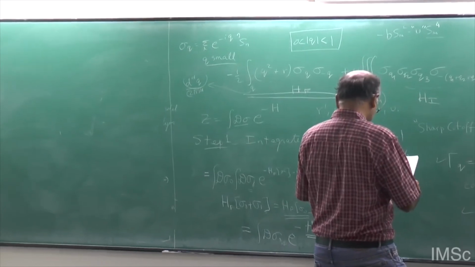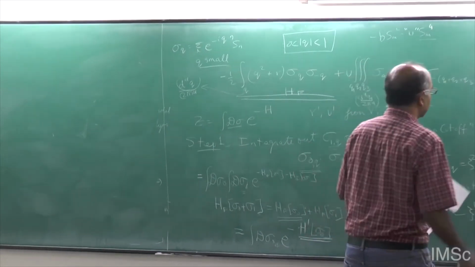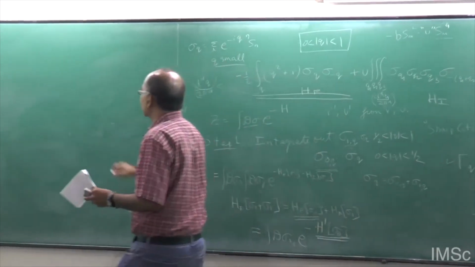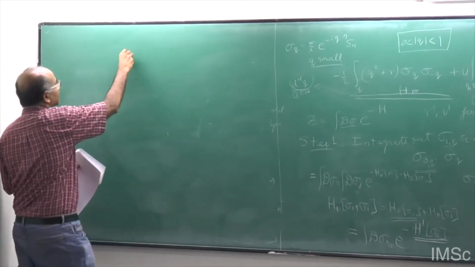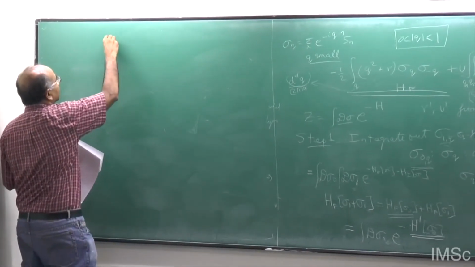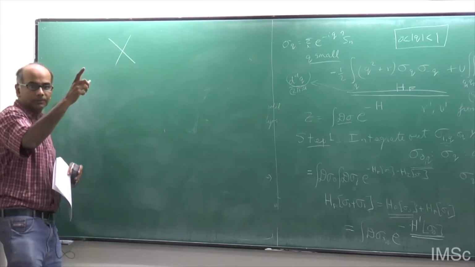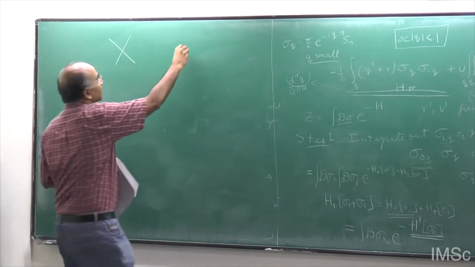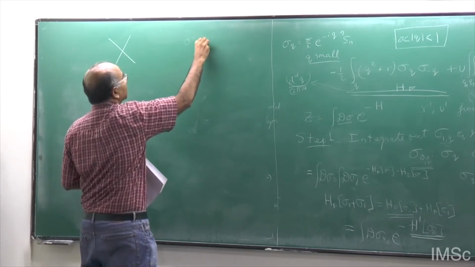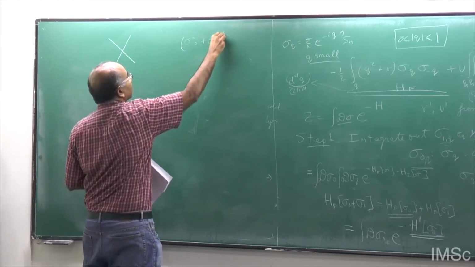Okay, so what are the vertices you have? So now let's work out the vertices. So we have 4 sigmas. So schematically, this is your vertex, sigma to the power of 4. So you get (σ0 plus σ1) to the power of 4.